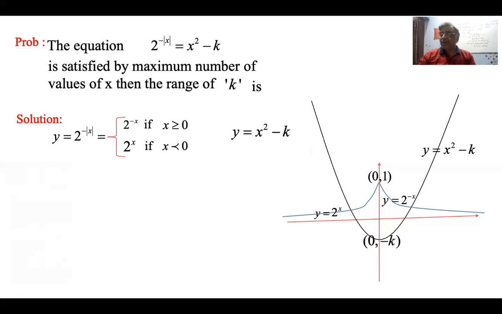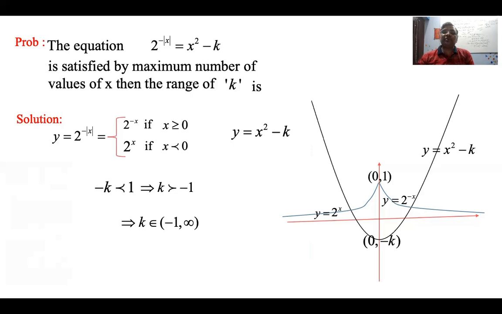Therefore, minus k must be less than 1, which means k must be greater than minus 1, which means k must be in the interval minus 1 to infinity. This is exactly the range of k so that the above equation has the maximum number of solutions. So this is the answer.